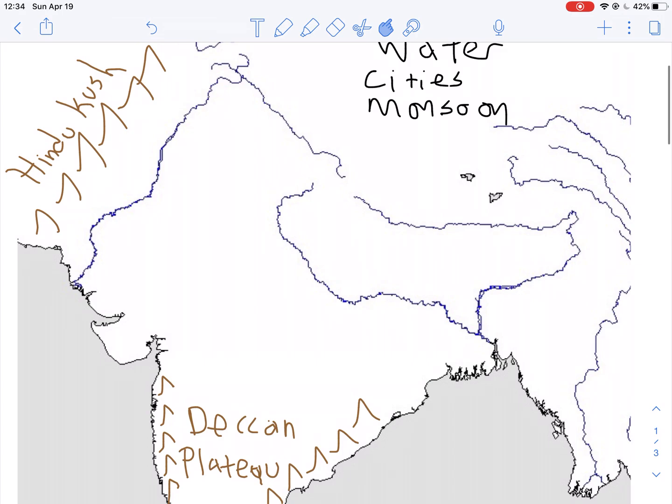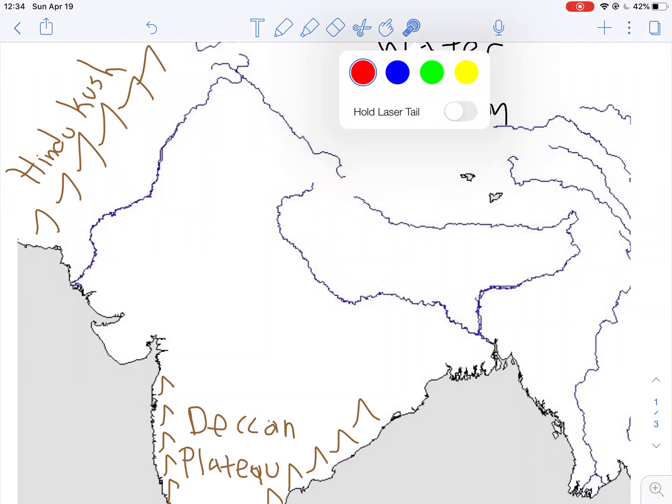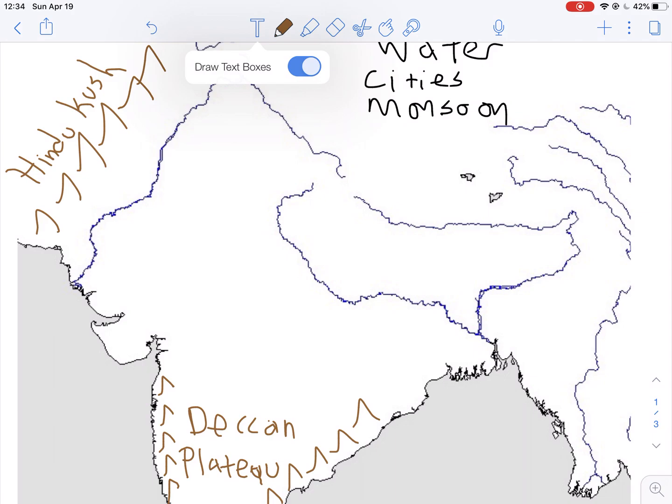Then we're going to go back up north here. And in this gap, which you can see right here with my laser pointer, is probably the most famous set of mountains in India, the Himalayas. And obviously Mount Everest, the world's tallest mountain at 29,028 feet, is in the middle of this range. It's somewhere right about here.